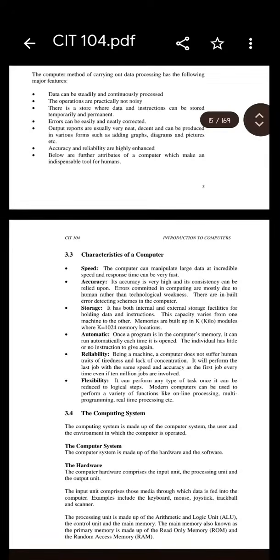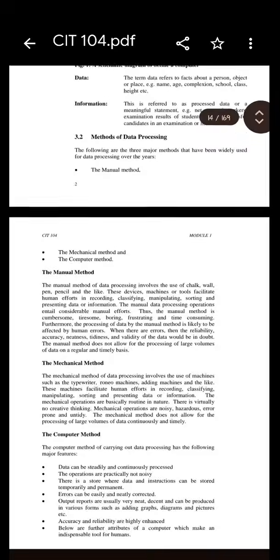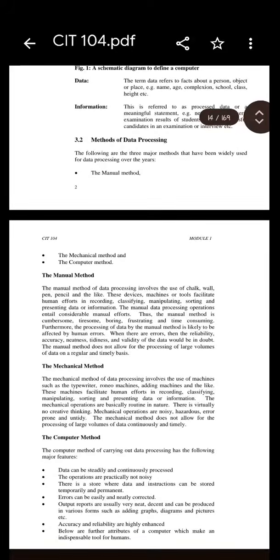No, before I go to that, I remember that in our secondary school they told us a lot of things about computer. Please, I want each person to write at least 5 characteristics of a computer. I want to see the comment section, please.